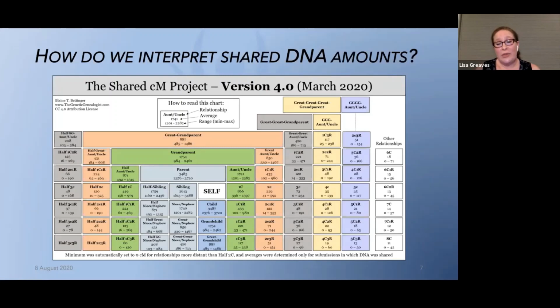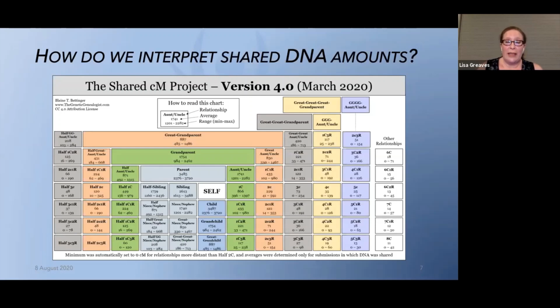As I said, if you share more than 100 centimorgans with someone, you have a very good chance of finding the shared ancestor. I have found shared ancestors with people who shared as little as 9 centimorgans. So I don't want to scare you off of using the little numbers. The little numbers are useful too, but those can also be pretty far away.